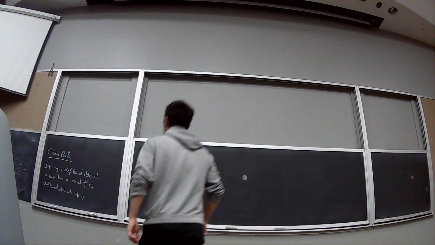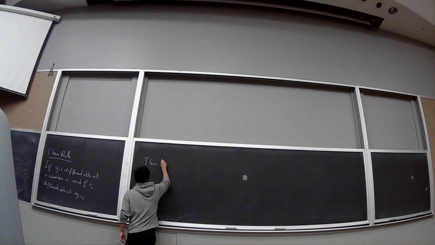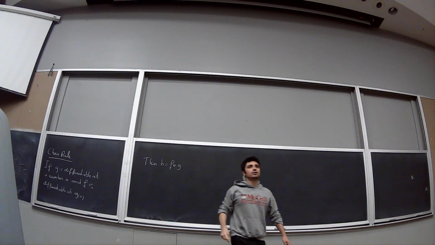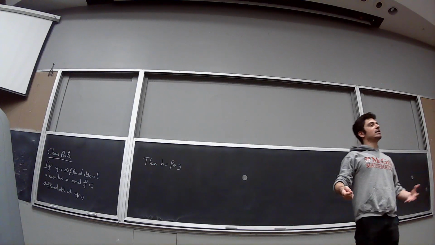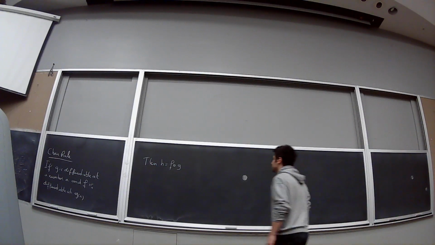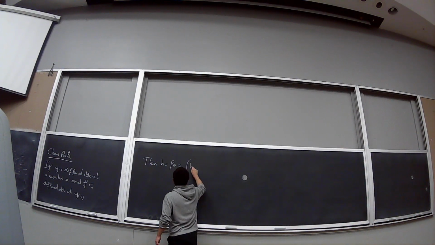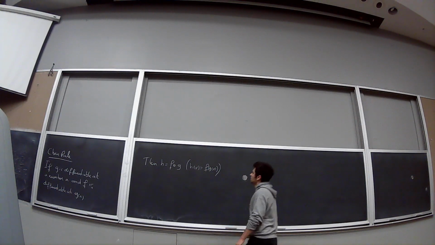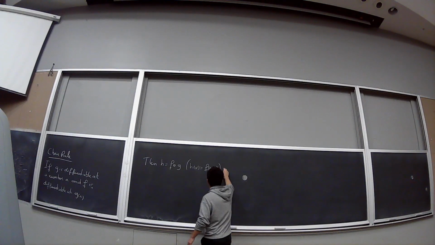If g is differentiable at the number a, and f is differentiable at g of a, then h, which is defined by f composed with g, have you seen this notation before? f circle g, right? This is for the composition. This means that h of x is f of g of x, is differentiable at a.